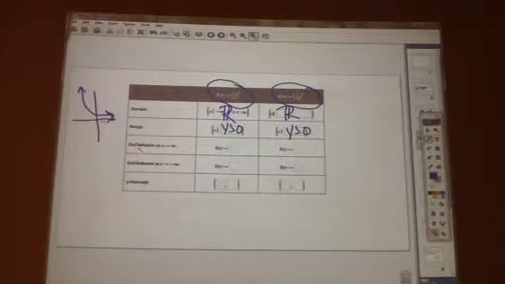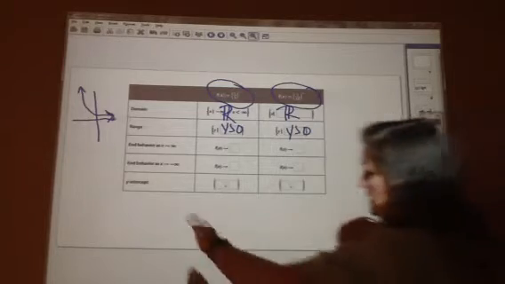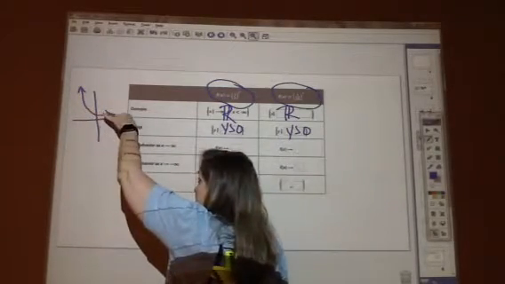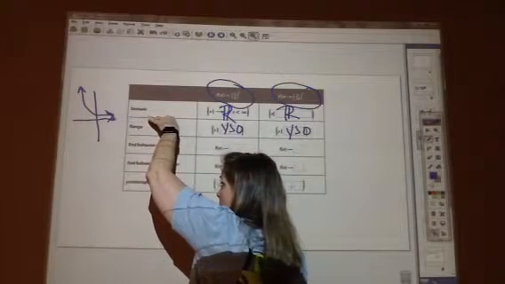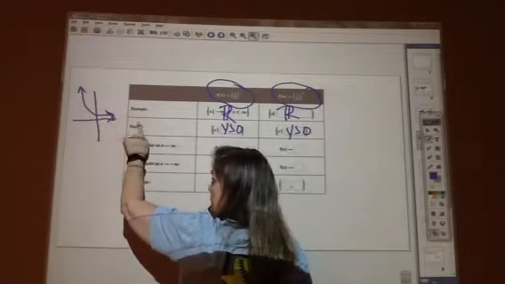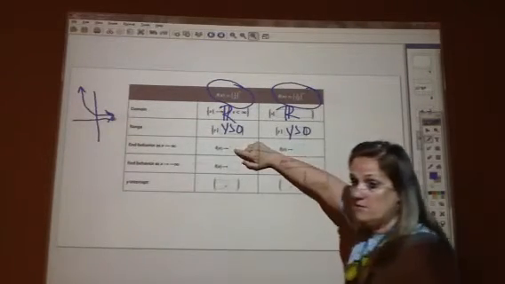The end behavior, as x approaches positive infinity, what is y approaching? Here's our graph. As x comes down and approaches positive infinity here, as it gets bigger and bigger, what is y approaching? What's this arrow approaching? 0. That right there would be 0.